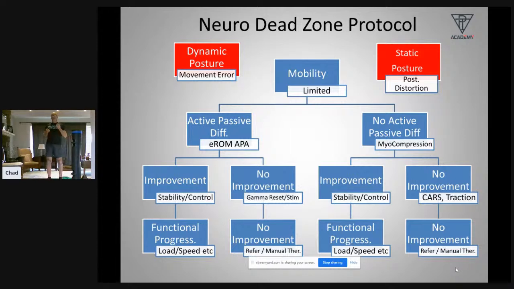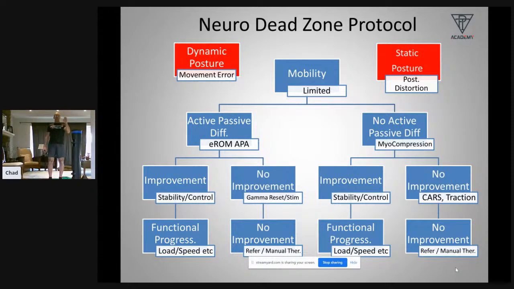Yes or no? If yes, there's an active passive range difference like there was in my sleeper, then I'm going to apply a technique called end range of motion APA, which means at the end range of motion, here's my active range of motion, I'm going to guide into passive range of motion, and then I'm going to apply an active strength pattern to that end range to start to talk to the nervous system and make it recognize it's safe to be out there.